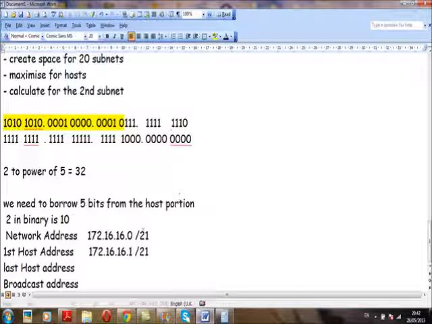Again, the next one looks really wild. So we've got 172.16, and then the next octet is way out. So I've got 16 here, and then I've got 3 ones here, which is 7. 16 plus 7 is 23, okay.